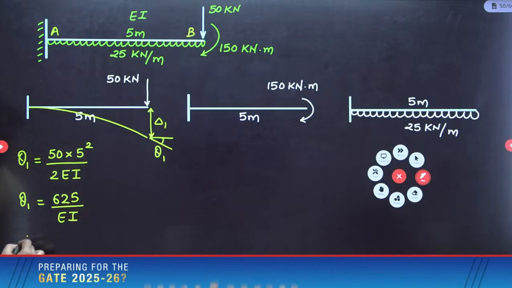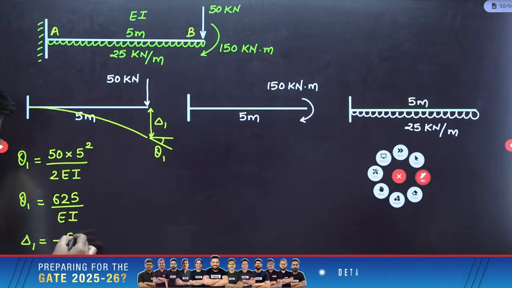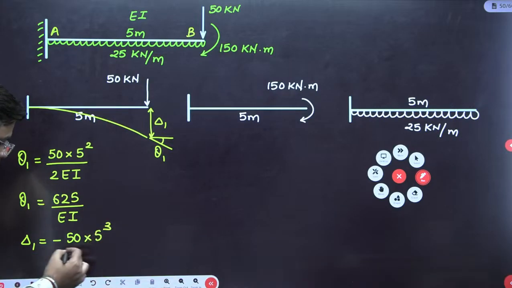Next, delta 1 will be minus WL cube upon 3 EI. So WL cube is 50 into 5 cube upon 3 EI.